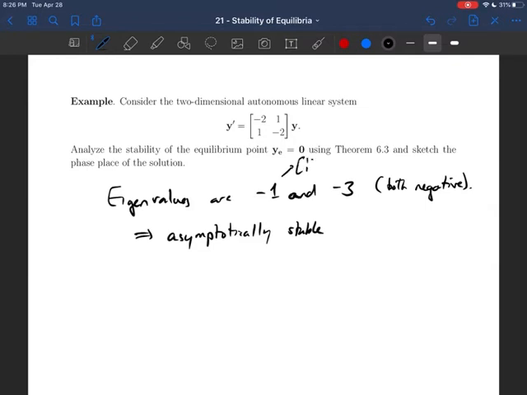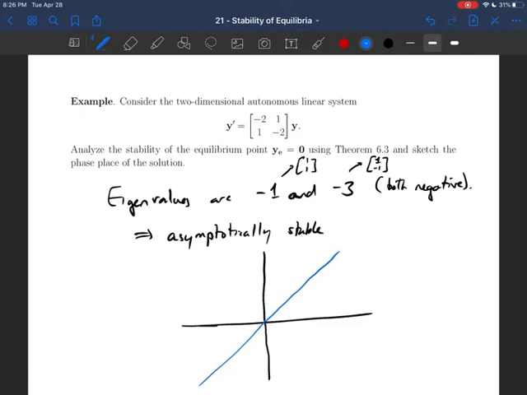Okay, so the thing that I left out here is that both of these problems do say, hey, let's sketch the phase plane of the solutions. So let's go back to the previous example and do that. Sorry, I skipped it over. So in this example, remember we had these two eigenvalues and we had the eigenvectors that went with them, 1, 1, and 1, minus 1.